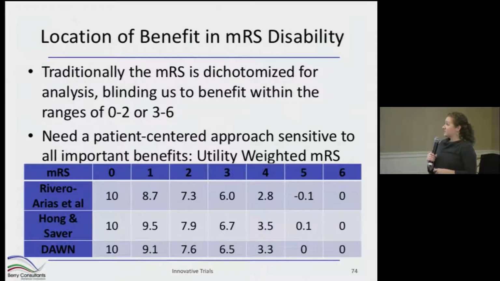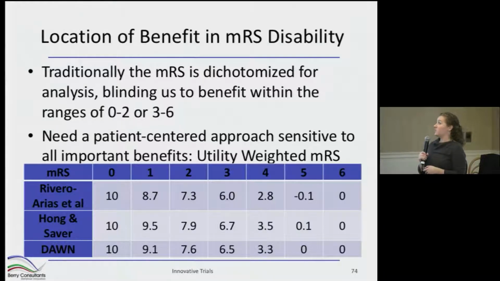So the downside of that is that if the benefit occurs, if we move patients who might have otherwise been a 4 and we move them to a 3, this kind of analysis that just lumps together the 3s and 4s doesn't account for that. So we miss kind of the subtlety in the treatment effect there.